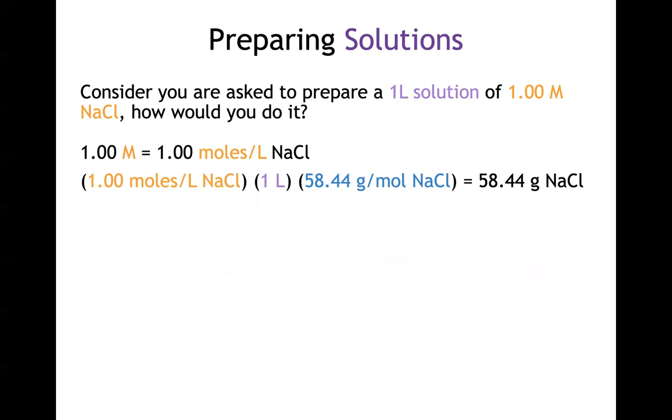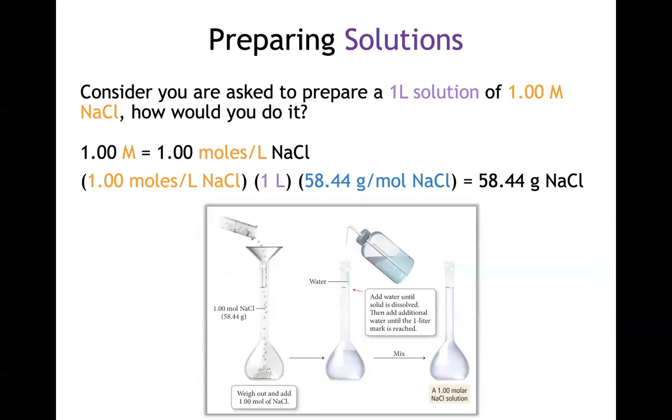Now we need to prepare a 1 liter solution. So what we would typically do is go to the balance and weigh out 58.44 grams of sodium chloride, right?